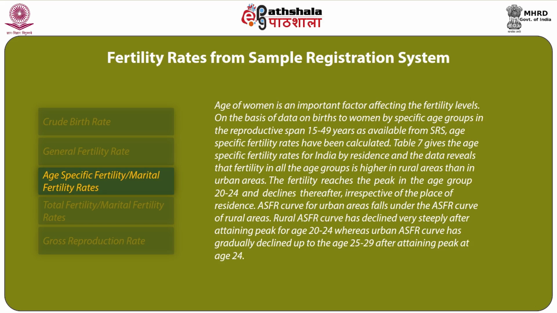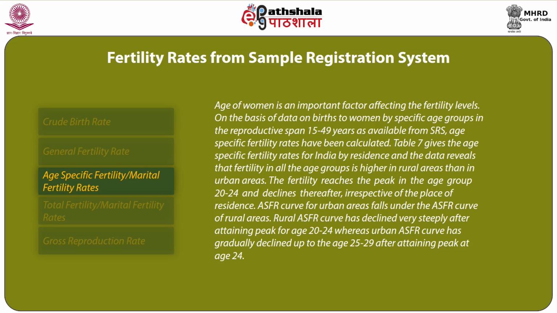The table gives the age-specific fertility rates for India by residence, that is rural and urban, and the data reveals that the fertility in all the age groups is consistently higher in the rural areas compared to the urban areas.